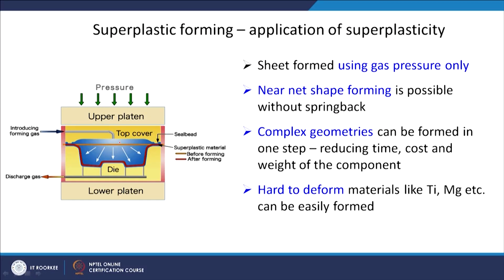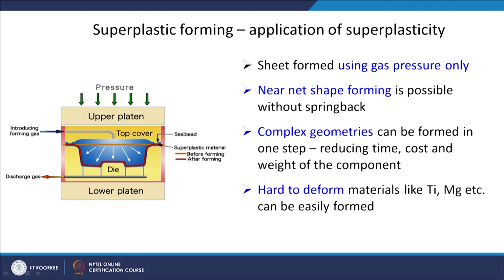Then you apply the gas pressure, and the shape of the die is shown here. When we apply the gas pressure, the sheet deforms. This red one is the deformed sheet after forming, and it is able to take the shape of the die by applying a constant pressure.